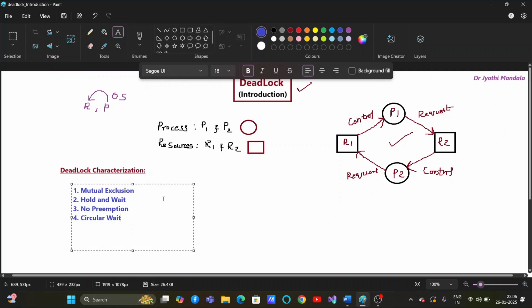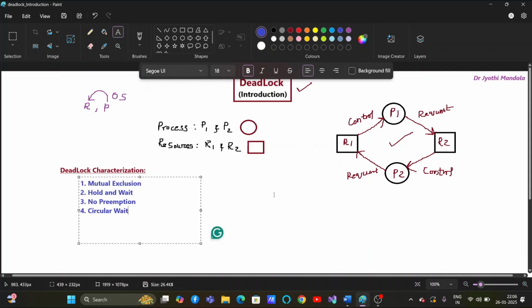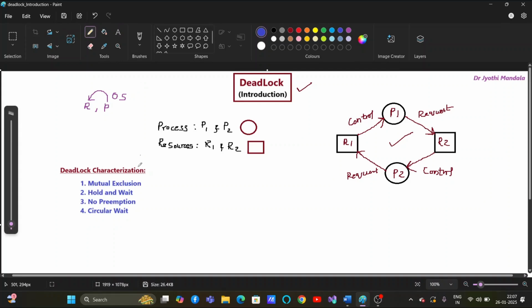So these are the four necessary conditions for a system to enter into a deadlock. Understand these four necessary conditions. If these conditions happen simultaneously, then deadlock may occur. We cannot ensure that deadlock will occur, but there may be chances that deadlock may occur if these conditions occur simultaneously.